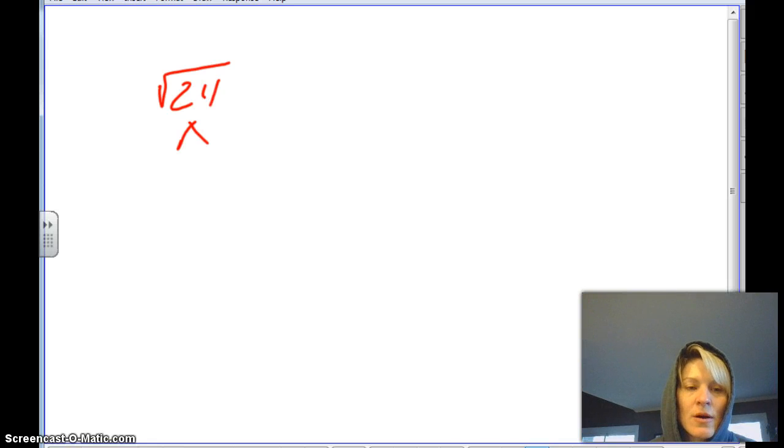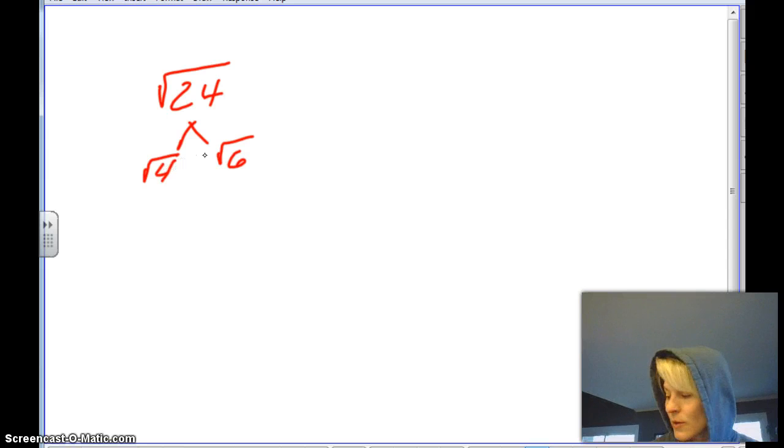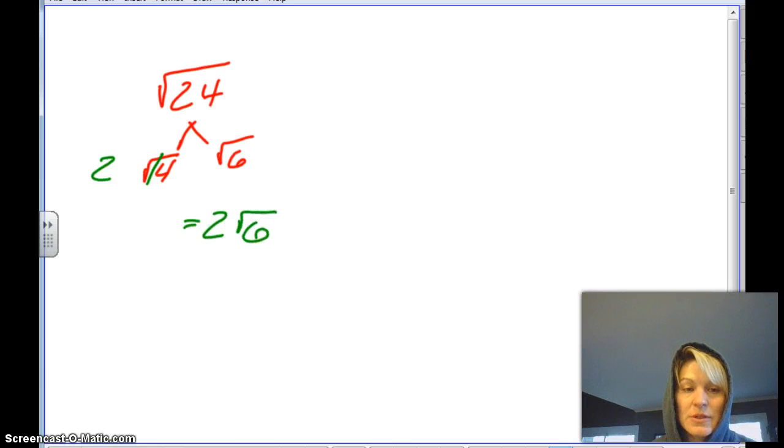I want to think about what perfect square is a factor of this. And that would be the square root of 4 times the square root of 6. 4 is a perfect square. So I know the square root of 4 is 2. So therefore my answer would be 2 times the square root of 6.